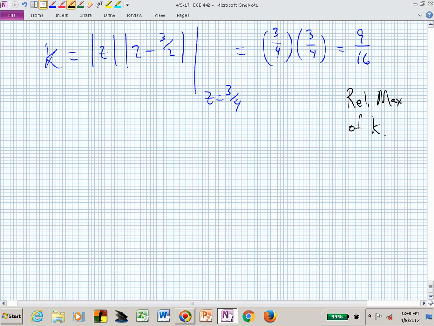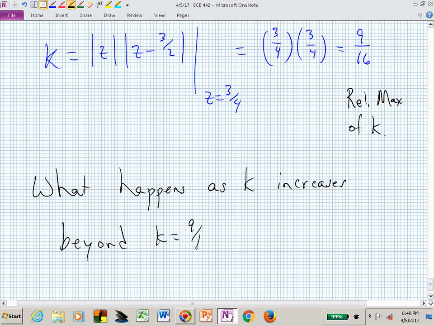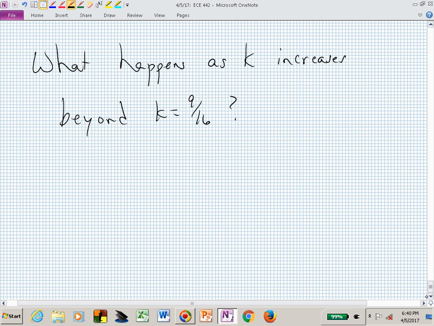Okay. Now, what happens as we continue to increase K? What happens as K increases beyond 9/16? If we didn't already anticipate what was happening, we had a pole at the origin and a pole at 3/2.